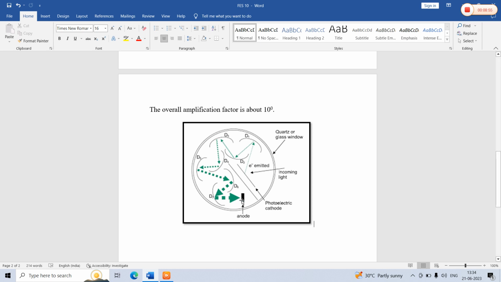All these electrons get discharged at the surface of the anode, which is positively charged, and here electrical current is produced. This current is measured and amplified up to that order. So this is an important factor. And finally whatever the amplification, it is measured by the readout system or readout device.